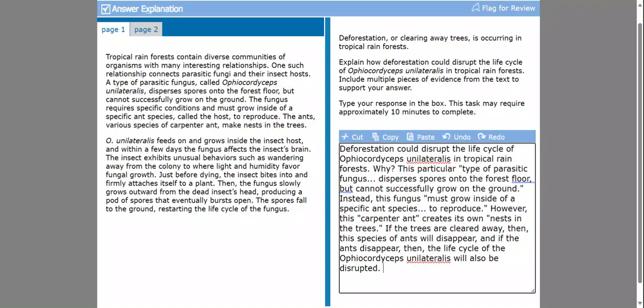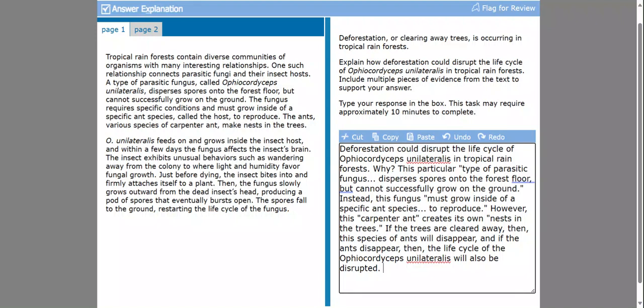Deforestation could disrupt the life cycle of Ophiocordyceps unilateralis in tropical rainforests. Why? This particular type of parasitic fungus "disperses spores onto the forest floor but cannot successfully grow on the ground." Instead, this fungus "must grow inside of a specific ant species to reproduce." Again, this is the text evidence.